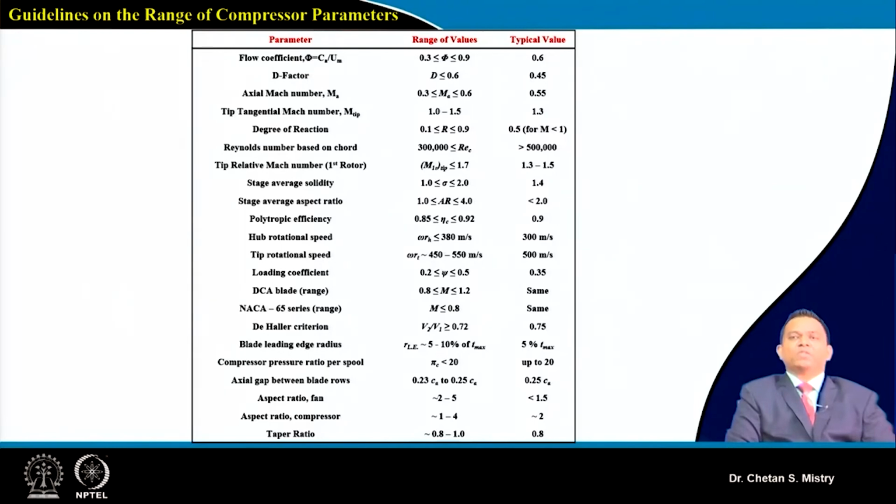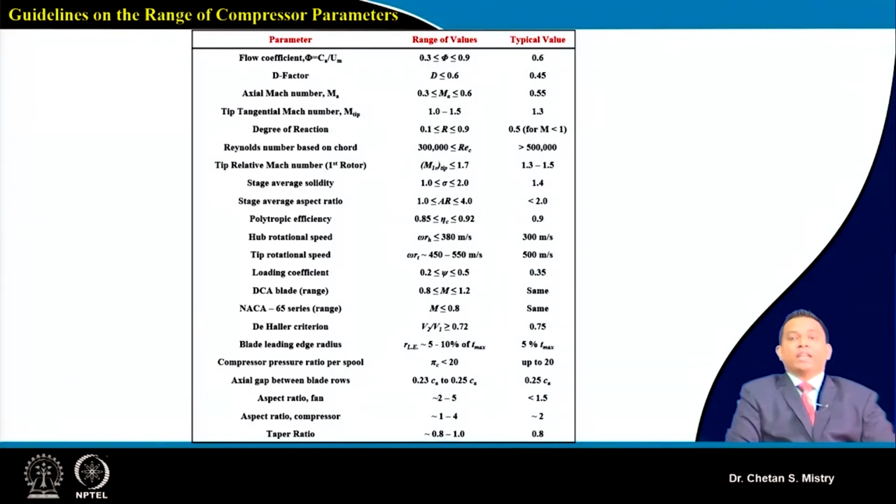It is preferred, if you are going with more than 2, for that. Now in terms of efficiency, as we have discussed, the polytropic efficiency is very important. We have discussed different stages, which need to vary in the range of 0.8 to 0.9.